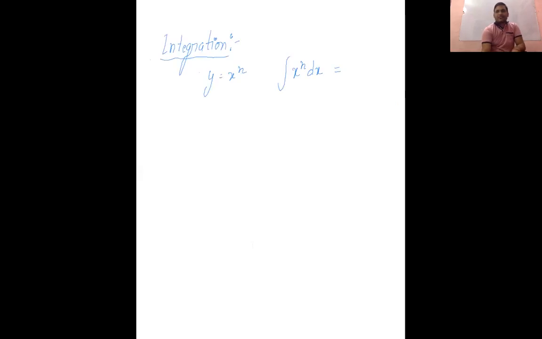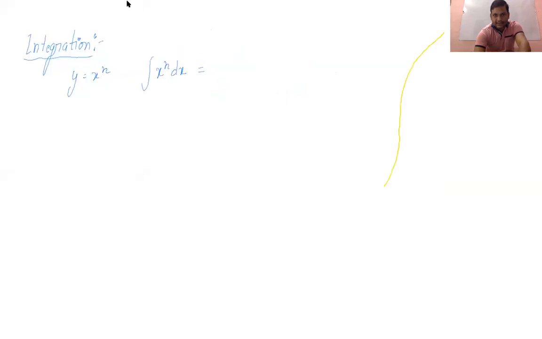If it is indefinite, then x to the power n plus 1 upon n plus 1 plus c. And this is not valid for n is equal to minus 1. So this formula is not valid for n is equal to minus 1.